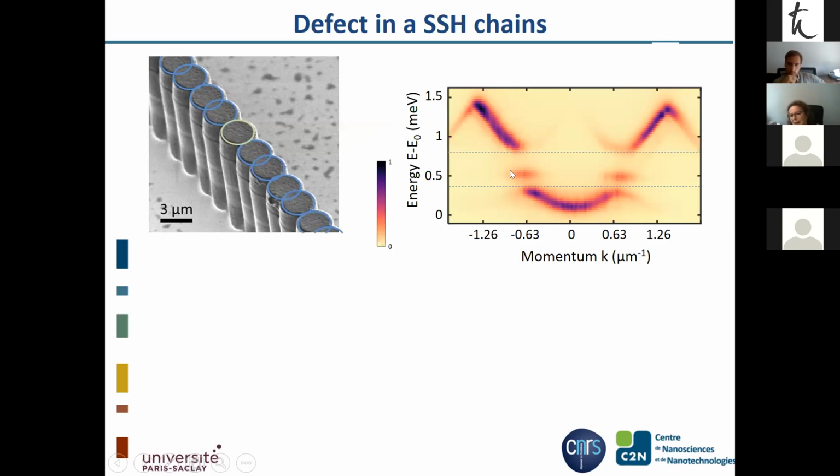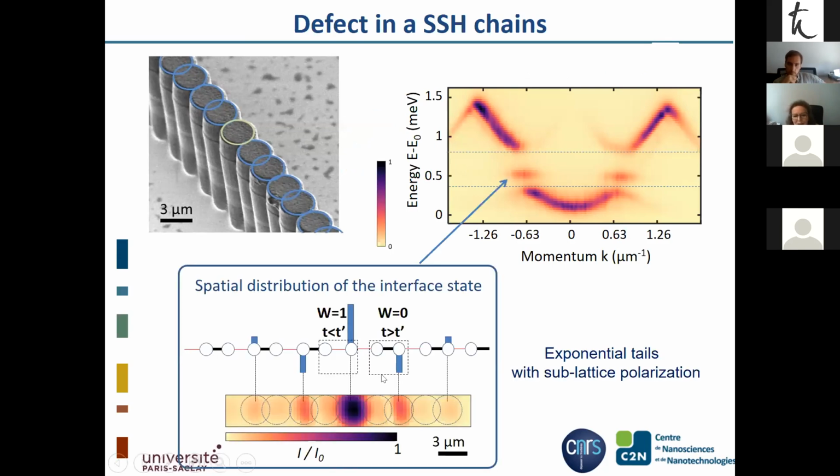And what we see is that indeed there is an edge state in the topological gap. And if we look in real space, where the light comes from at this energy, you see that indeed we have created an interface state which is located only on one sublattice. You see that all these pillars are dark and only the one that corresponds to the sublattice where there is the edge state is bright.